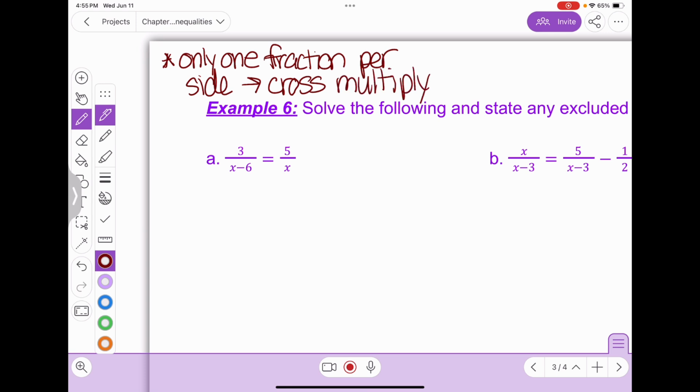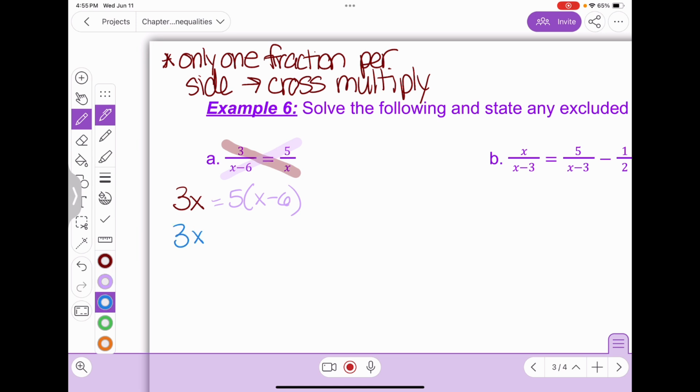So this is actually a proportion. So if you multiply those, you get 3 times x. And then if you multiply those, you get 5 times x minus 6. Now you can just solve that.